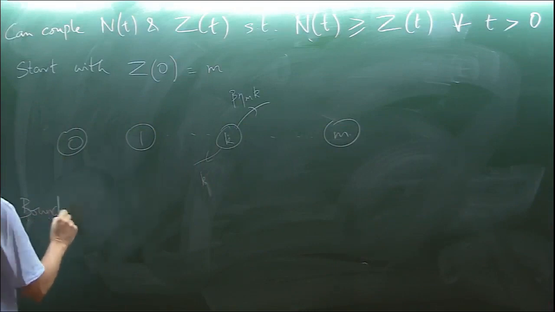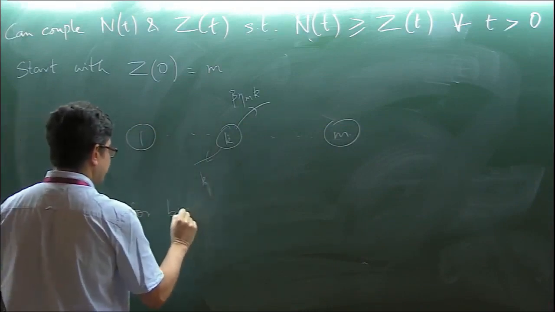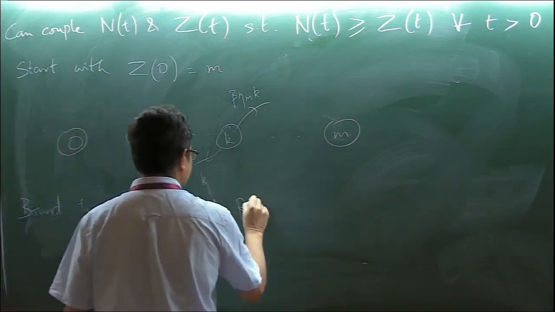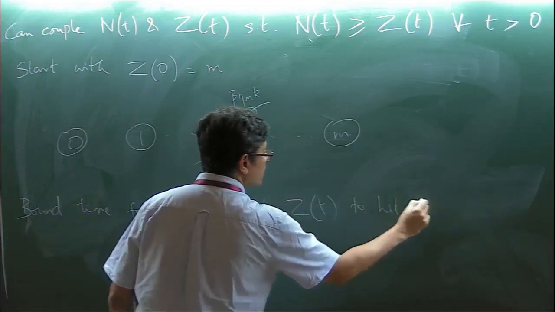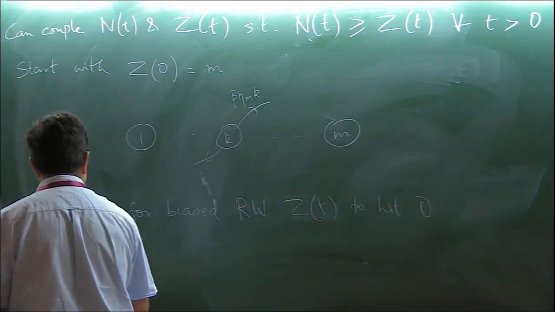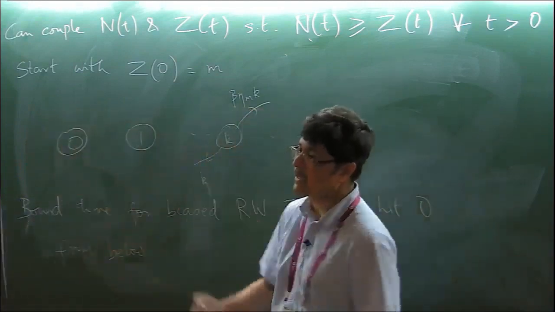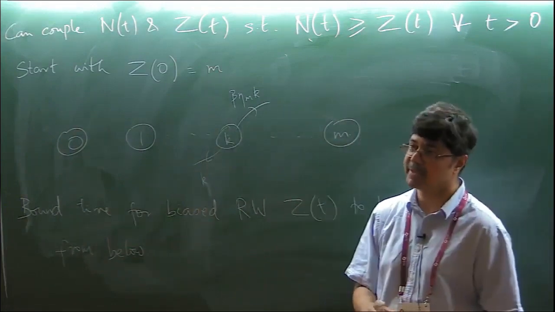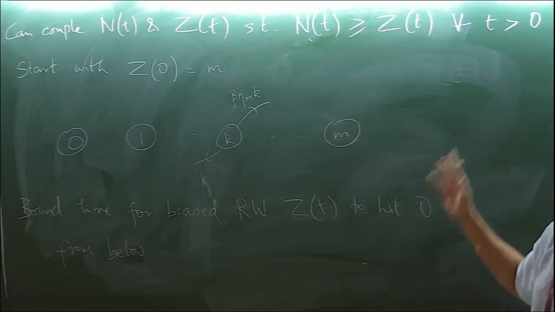So we bound the time for Z_t, the biased random walk, to hit 0 from below. Yeah, so the drift is towards m, exactly. The drift is away from the origin, so you are attracted to the right boundary.